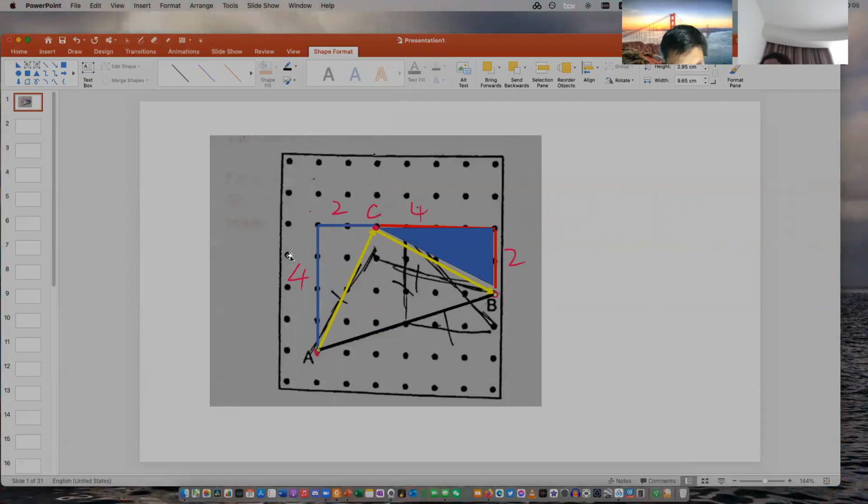Make use of this concept. Can you spot the D? I think you can draw on this screen, right? Can you pick another point D such that you get an isosceles triangle using this concept?